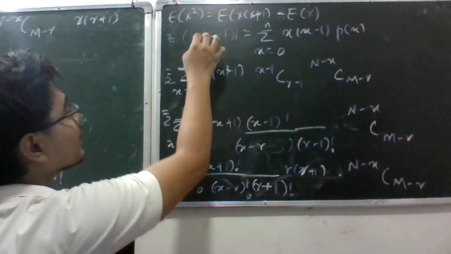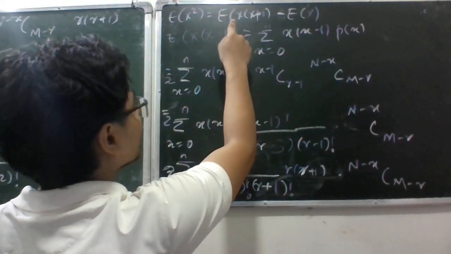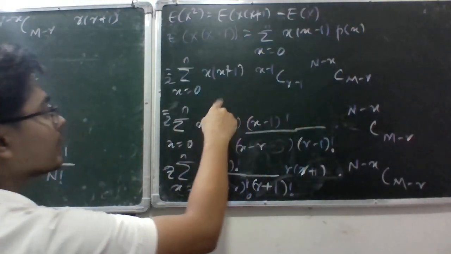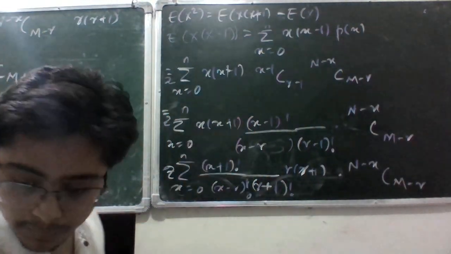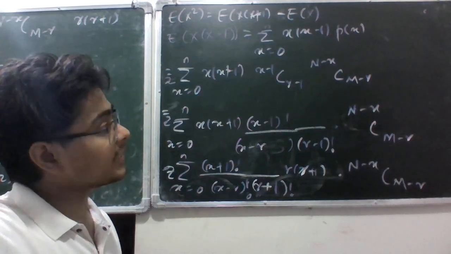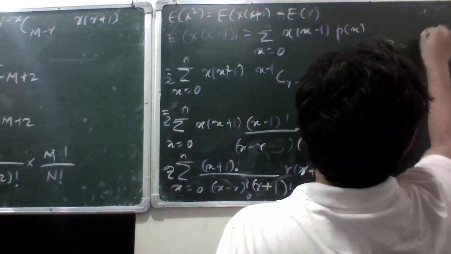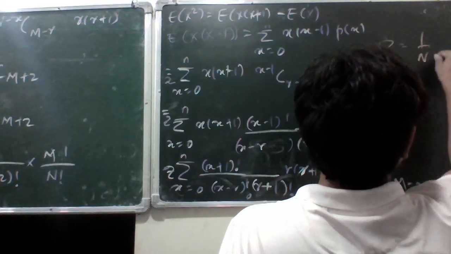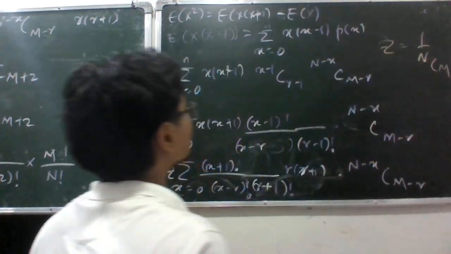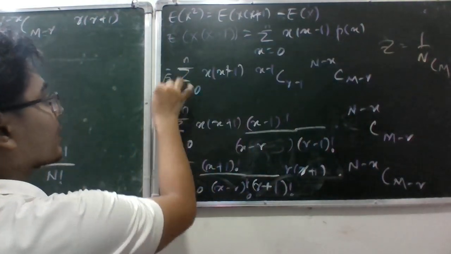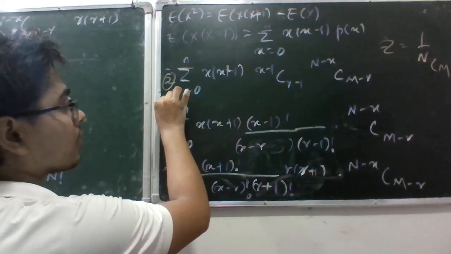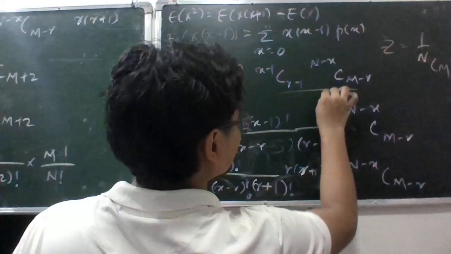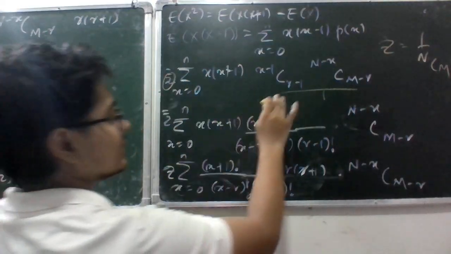First we try to find this expression using this formula. As in the previous case, I considered z to be 1 by n c m here. Okay, z is taken out if it is not visible to you, so the denominator part has already been used as z.